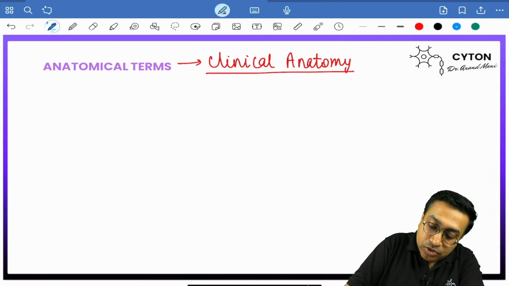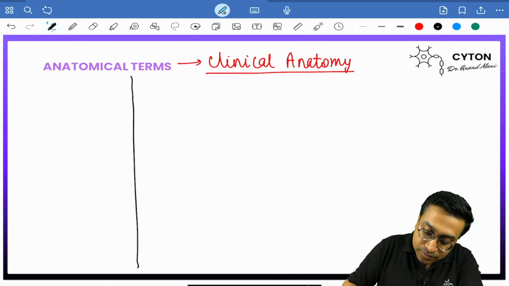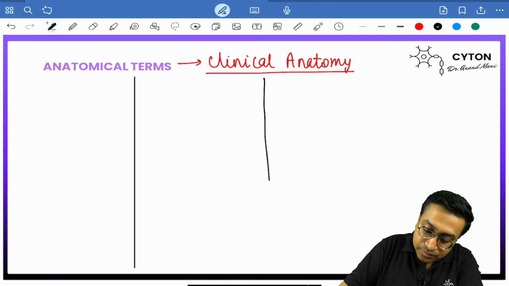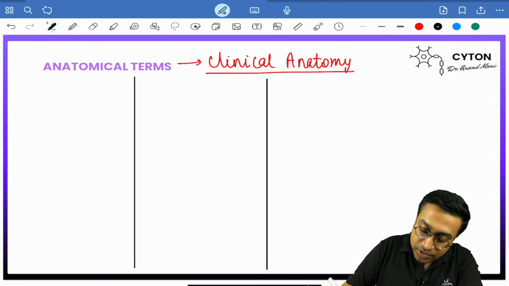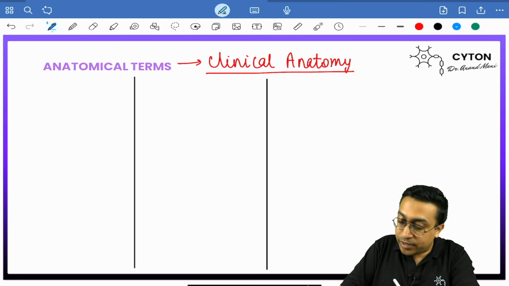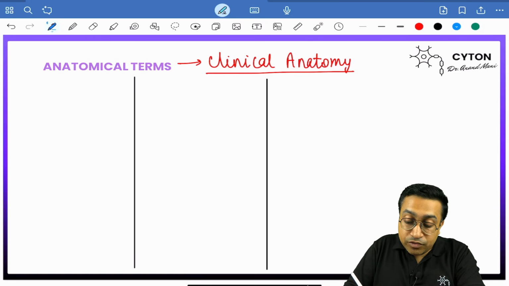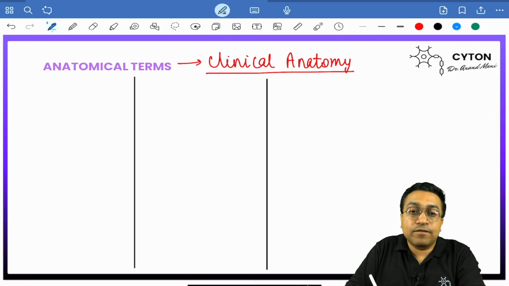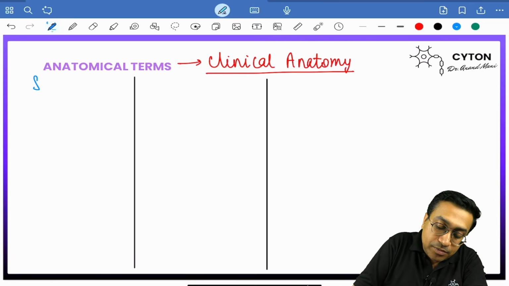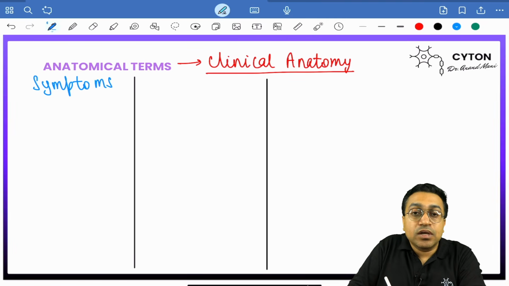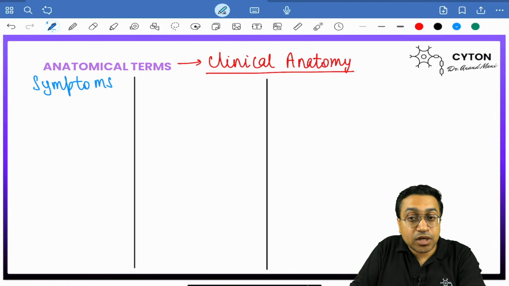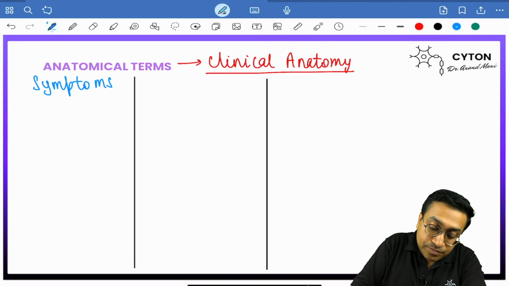What are those terminologies? Let us break them down. We have a good number of them on the list. So the various clinical terms which you will hear. Number one, symptoms: subjective complaints of the patient about the suffering or the disease.